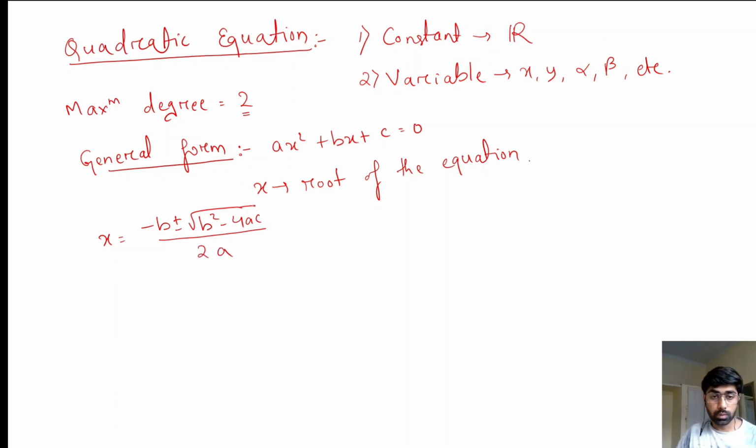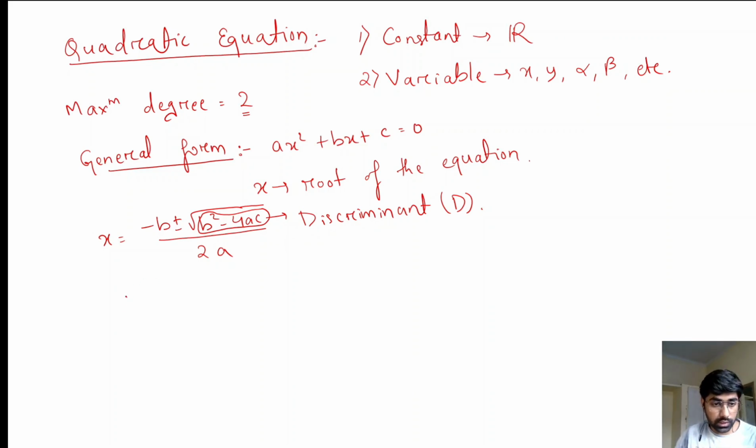Now, the term which is inside this square root is denoted as discriminant, which is denoted by capital D. And majorly, the value of this discriminant decide what is the nature of the roots.